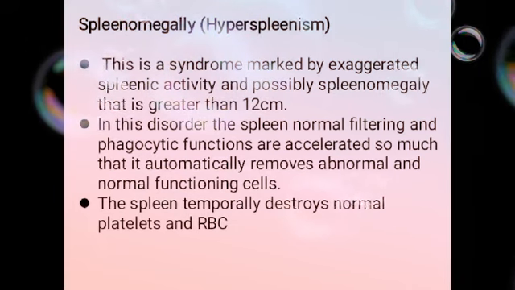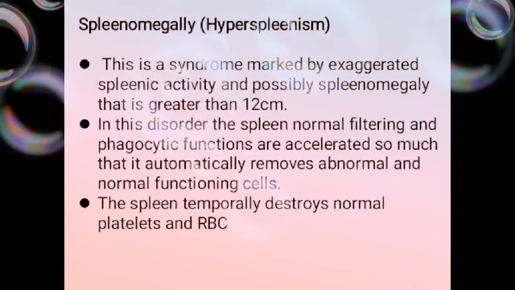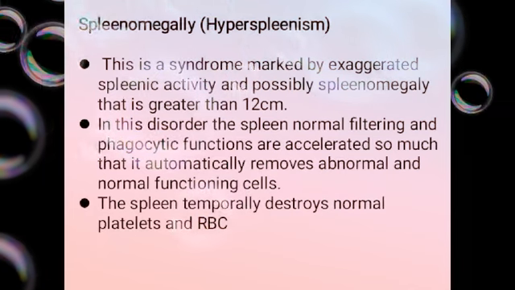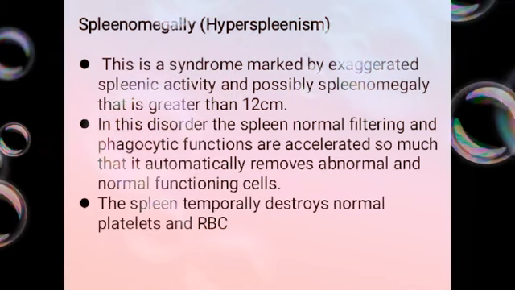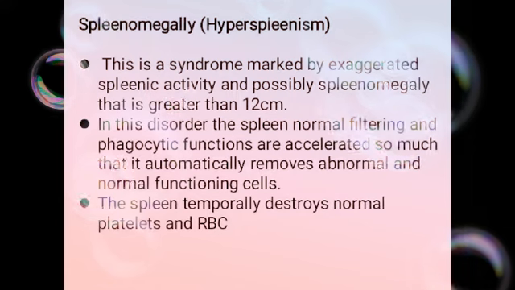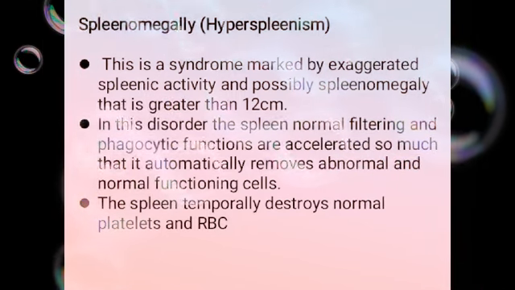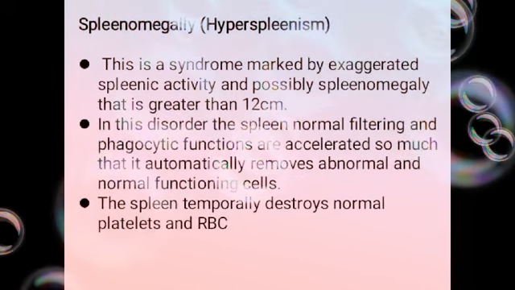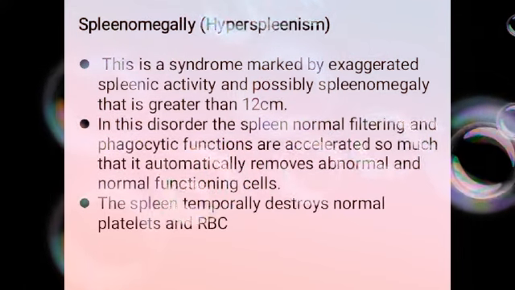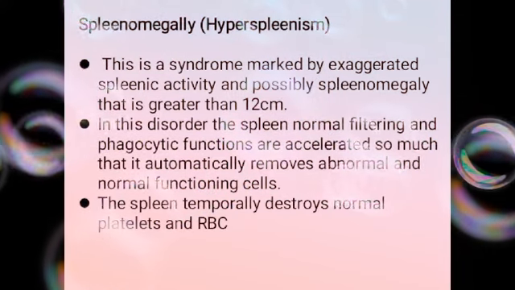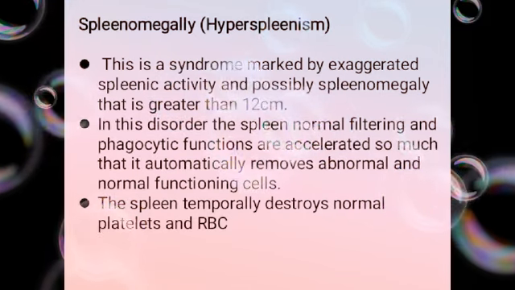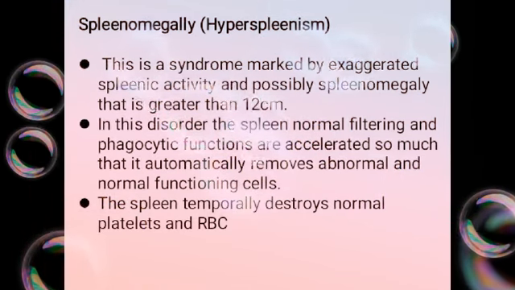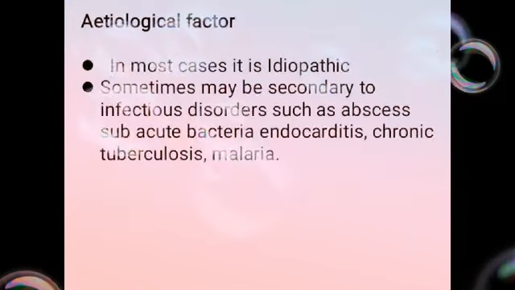It is not going to play the phagocytic function. Also, the blood production, like we have said, being the hematopoietic media, is also going to be impaired. It is not going to be able to play those roles. And the spleen temporarily will start destroying the normal platelets and the red blood cells because of its alteration that is going to result with it.